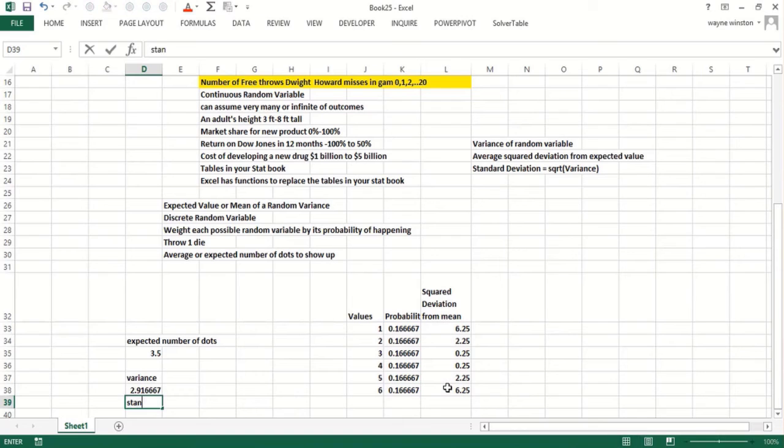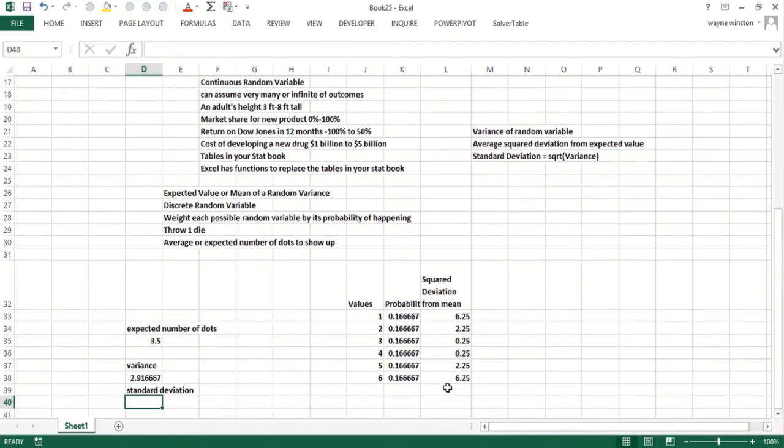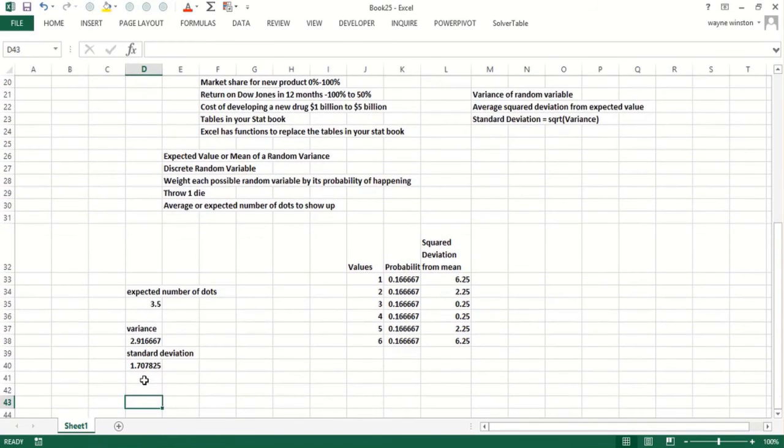And then the standard deviation is the square root. That's 1.71. And as with data sets, it usually is the case that a random variable is within 2 standard deviations of its expected value 95% of the time.